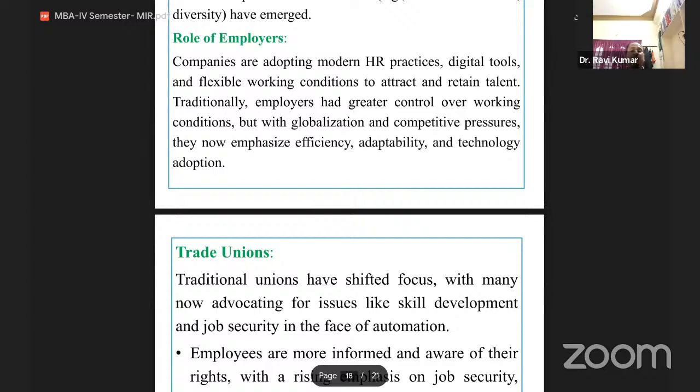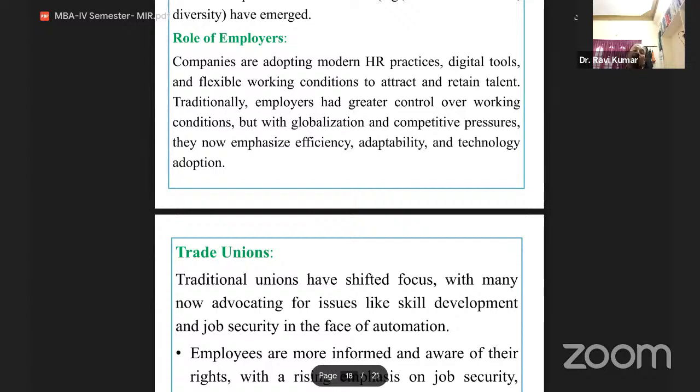Traditionally, employers had greater control over working conditions, but with globalization and competitive pressures, they now emphasize efficiency, adaptability, and technology adoption.